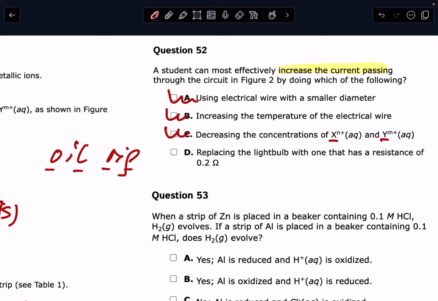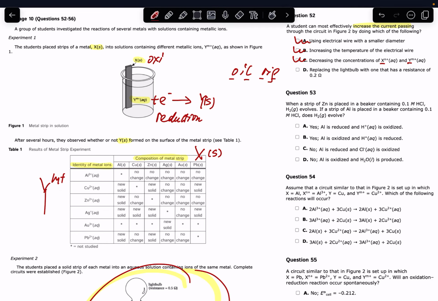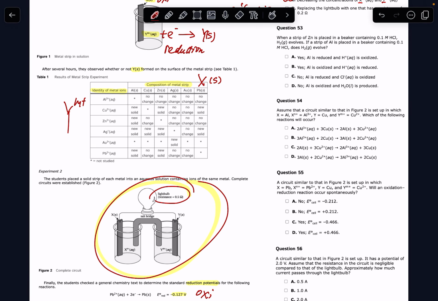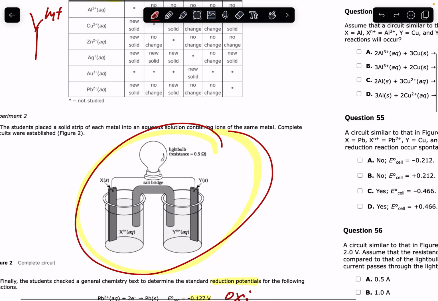So D says, replacing the light bulb with one that has a resistance of 0.2 ohm, okay? As you see here, the light bulb got lit up. It does get lit up because of this spontaneous redox reaction, and there's a spontaneous electron flow that will power up this light bulb, right?